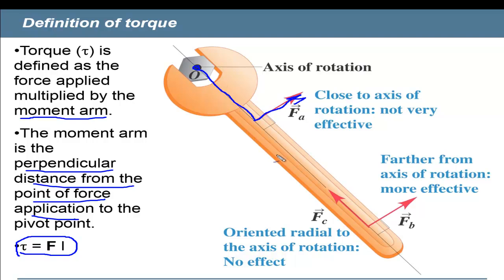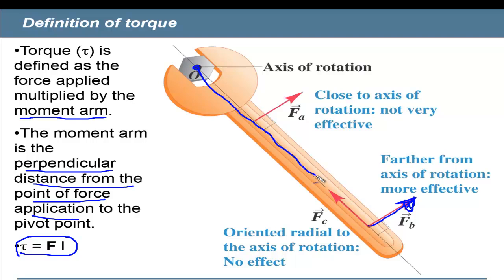If I look at the torque created at point B here, is this going to be more of a torque or less of a torque? We go back to the example with the door, and we said torque is a tendency of an object to rotate, or it's what causes an object to rotate. Knowing that if we push farther on the door, we must be creating a larger torque, right? And we can see that here.